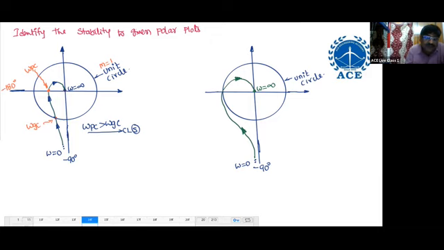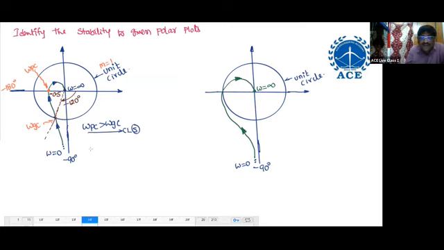Consider this point is minus 0.5, for example, and they will give the angle also in the exam. For example, this is minus 120 degrees. Then they will ask what is the gain margin and phase margin.